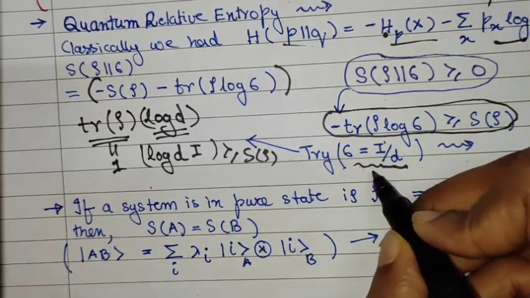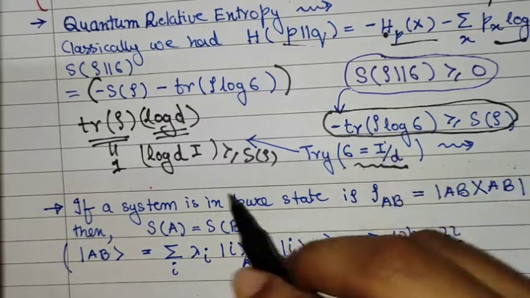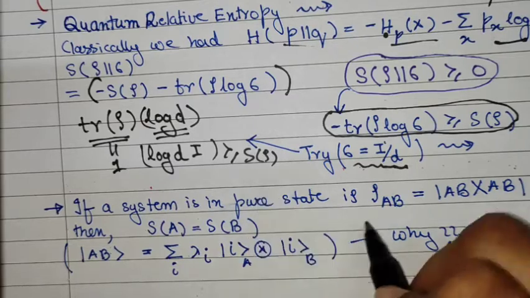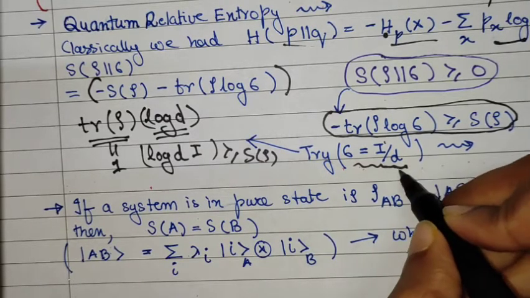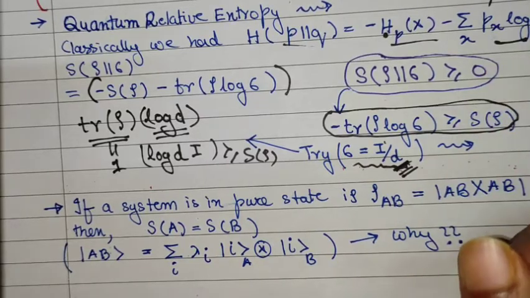So this is the fact that guarantees that the maximally mixed state is the state which has the highest entropy for a given dimension d. Here d is the dimension of the Hilbert space we are talking about.